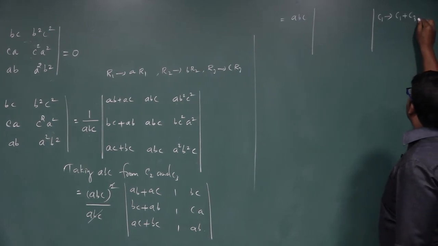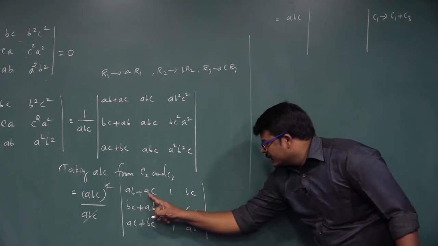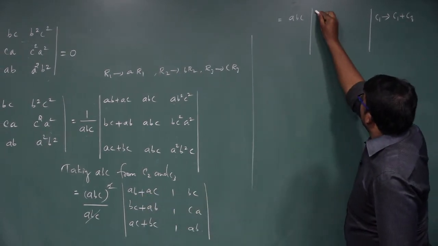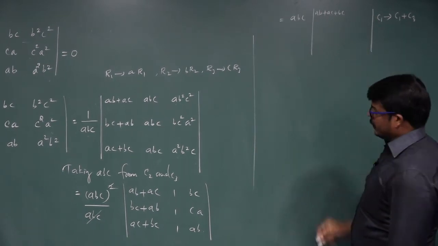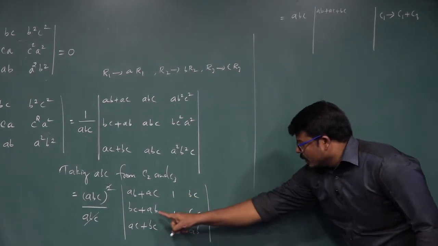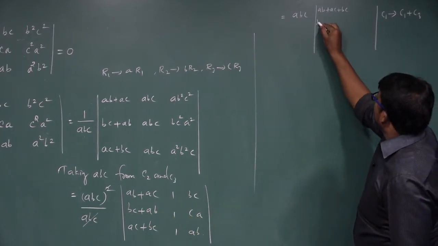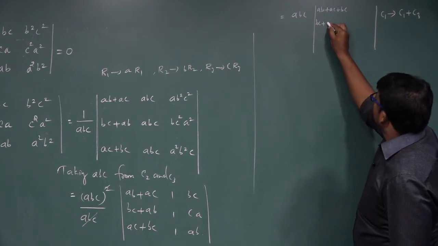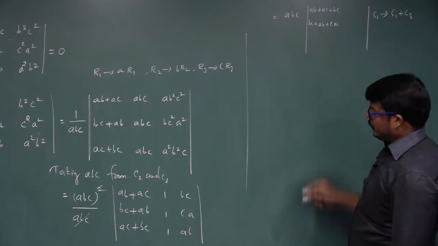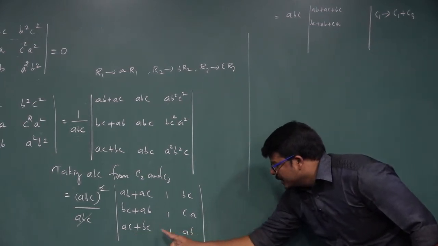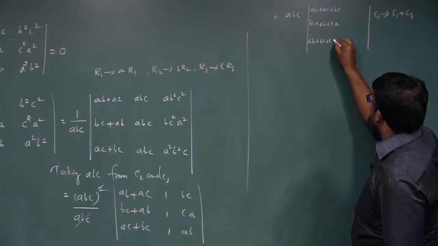The first column becomes AB plus AC plus BC, then BC plus AB plus CA, then AC plus BC plus AB, so each is AB plus BC plus CA.